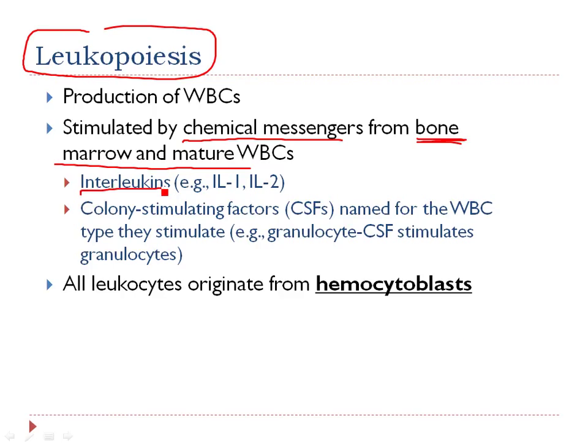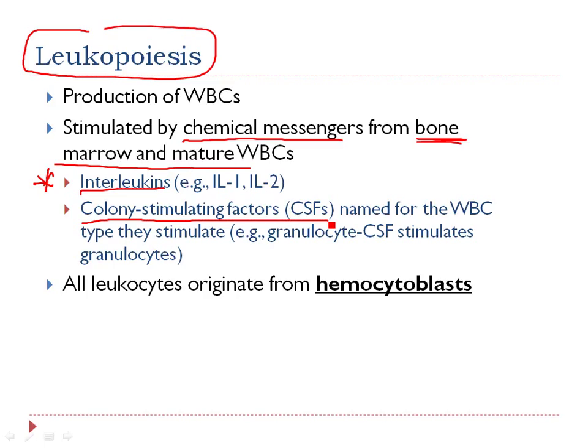These chemicals that tell your bone marrow to make more of this particular white blood cell versus another fall into two groups: interleukins and colony stimulating factors, or CSFs. Both of these are involved in triggering the production of more of the various types of white blood cells that you need.